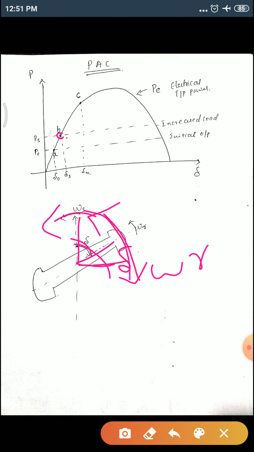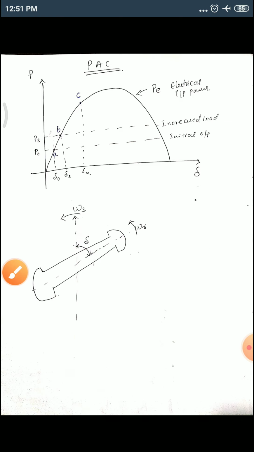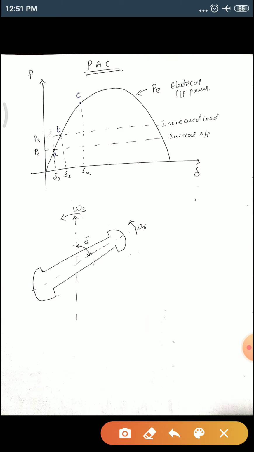Since PA is decelerating, PE takes action and starts increasing. You can observe here PE starts increasing. Then till B, omega r will be at a minimum.